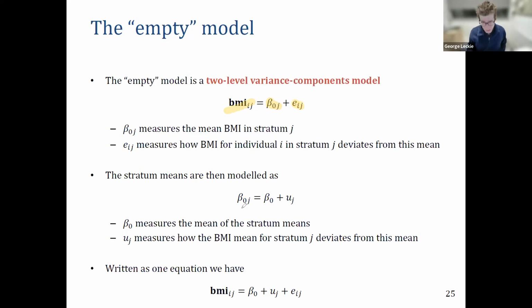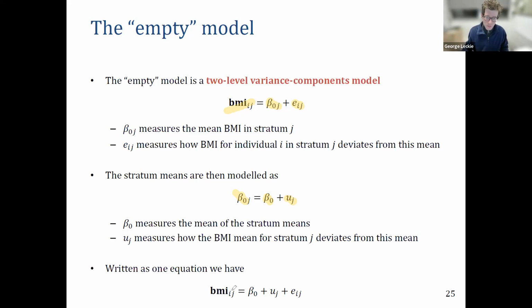So let's look at the beta 0j in a bit more detail. Remember, this is the mean BMI in stratum j in the population at large. It is going to equal beta 0, which is a mean across all the strata, so it's the mean of the stratum means. And the u_j are going to quantify how each stratum deviates from the average stratum.